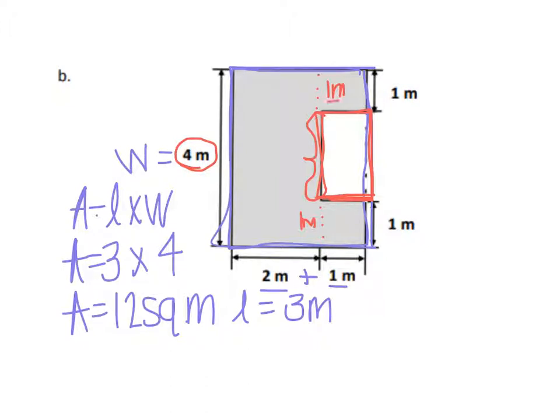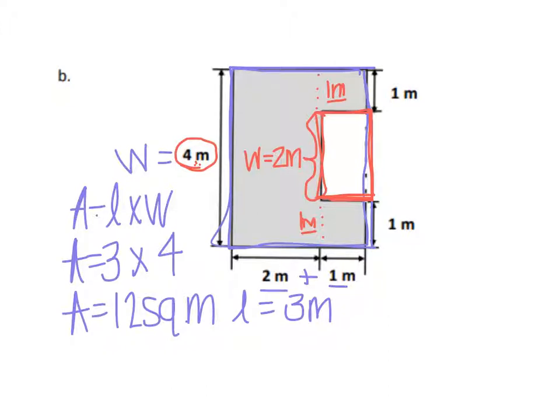So if I have 1 meter already and 1 meter already here, that's 2 meters. So now I need to just find the difference between the 4 meters and 2 meters. So 4 minus 2 is equal to 2 meters. So the width of the red rectangle is 2 meters.